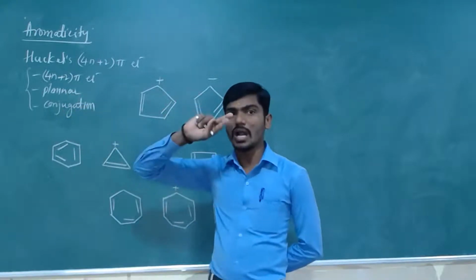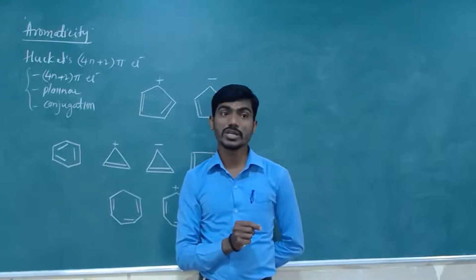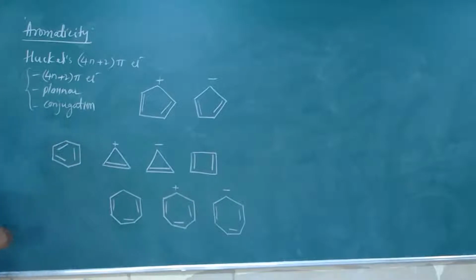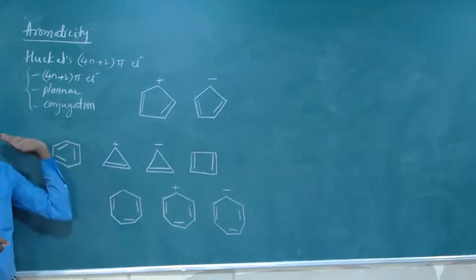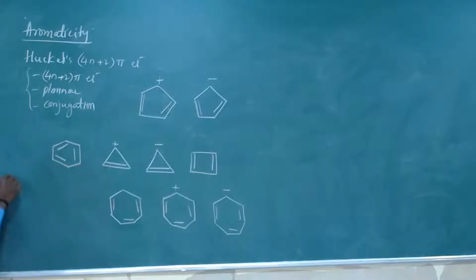That is, alternating single and double bonds should be present. In the case of benzene, all are okay. These are planar compounds. This compound is non-planar.